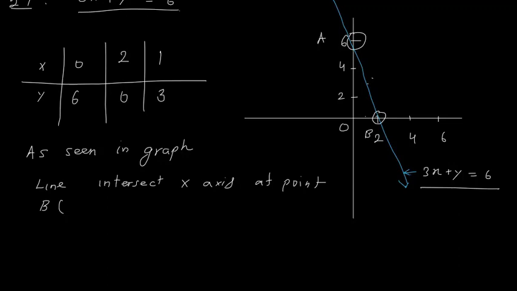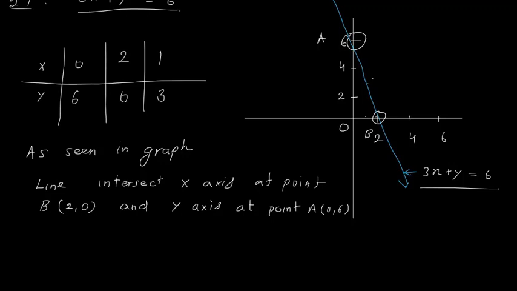It intersects at point B, whose coordinate is (2, 0), and the y-axis at point A, which is (0, 6).